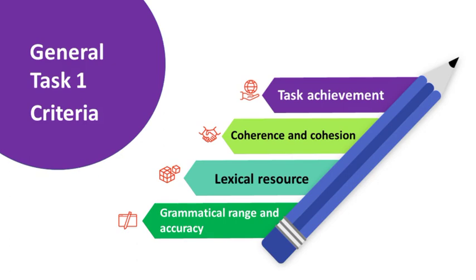These are the 4 criteria for task 1 in the general training module. Just as I explained, there will be instructions, guiding your response or guiding your achievement of this task. So let's look at the instructions for task 1 in general training module.